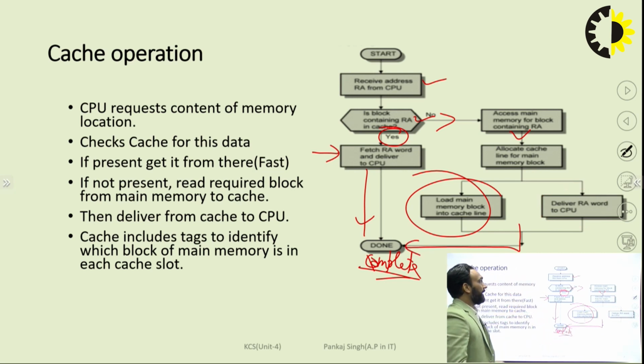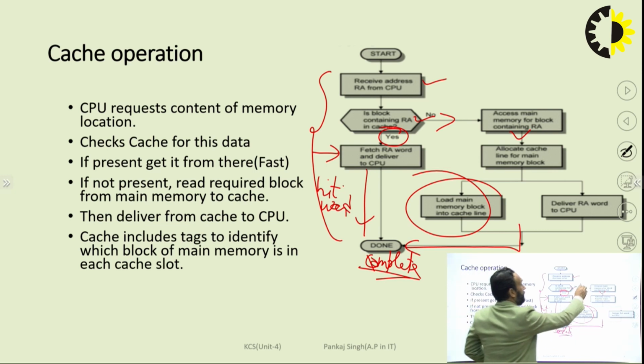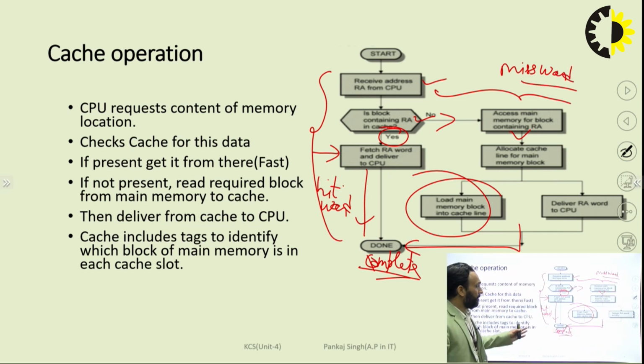So we can simply say that this is known as a hit, and the whole process is known as a miss. When the word is not available in cache memory, it is found in the main memory, its address is stored, and then it is handed over to the CPU. Likewise, when content is available in a cache memory, it is handed directly to the CPU for processing. So this is the complete process of cache operations.